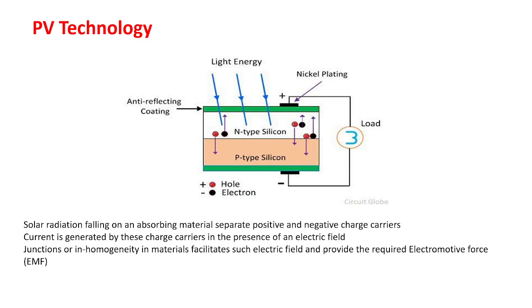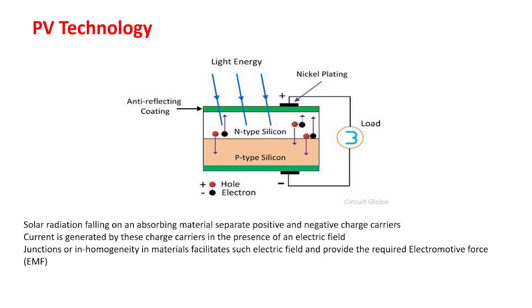But in the case of PV technology, utilizing solar radiation, solar energy, we have an inbuilt electric field in the material itself. Then the electrons and holes will pass through this electric field, and then the current will be generated.